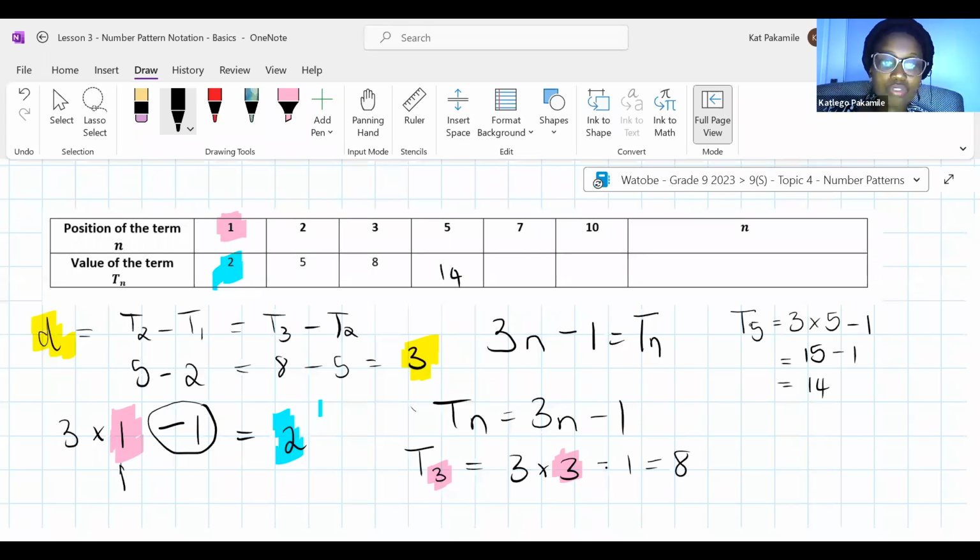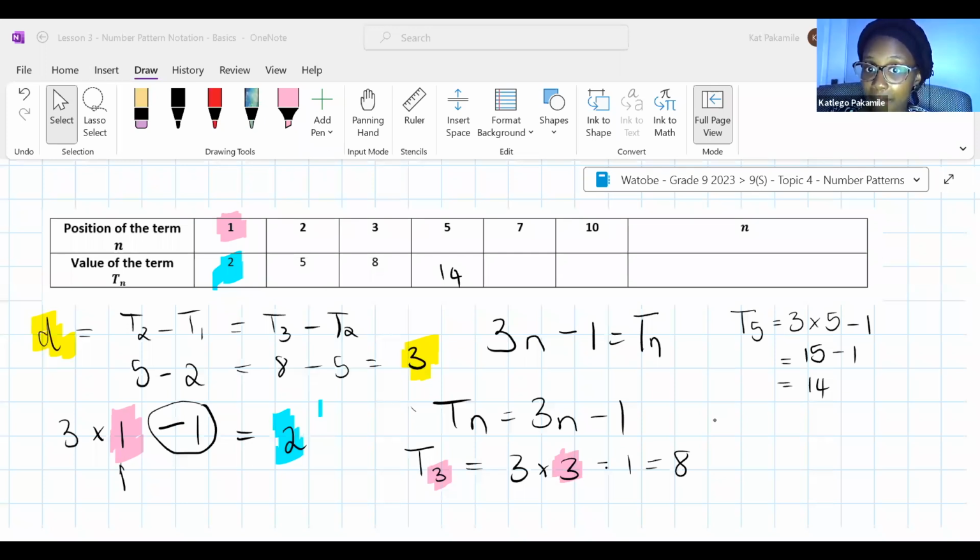Guys, let's do the ones for 7 and 10. Dumeleng, do you want to do 7 and 10 with me? We're doing 7 and 10.